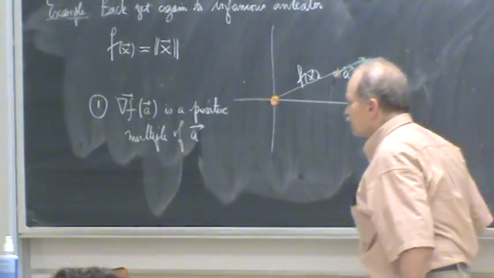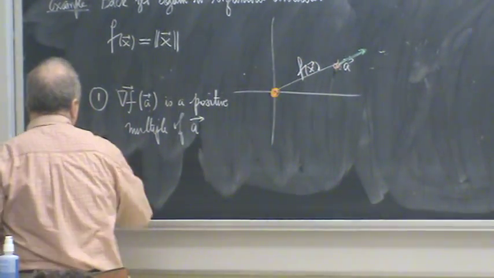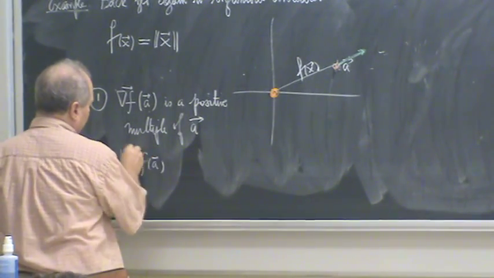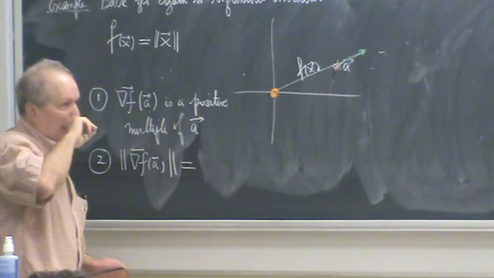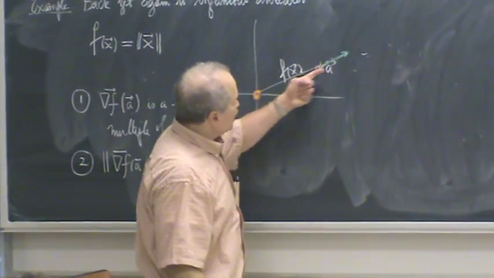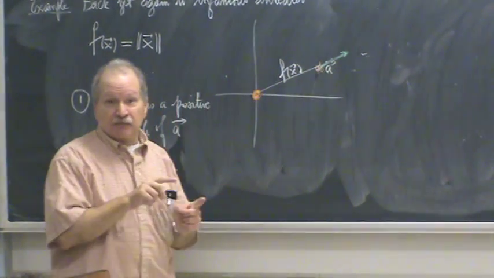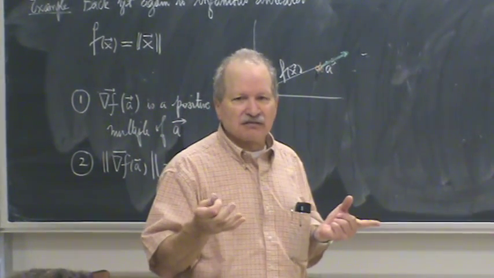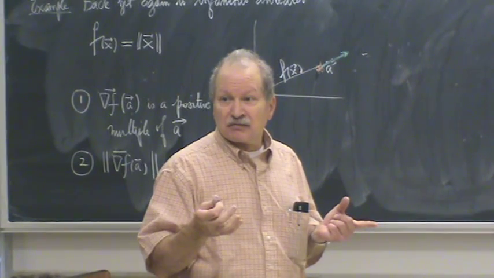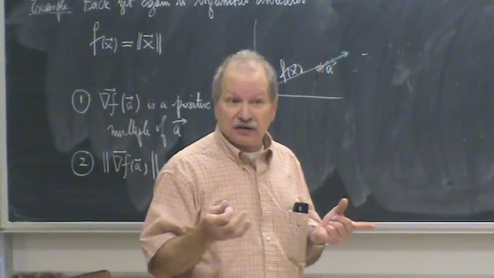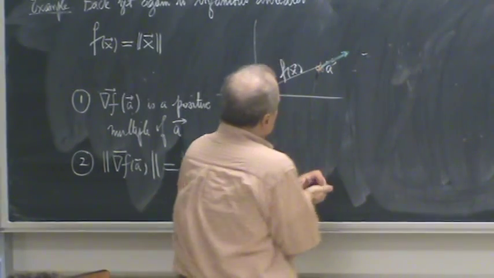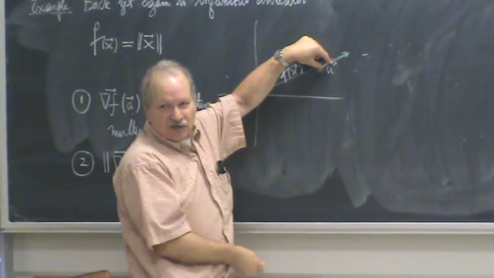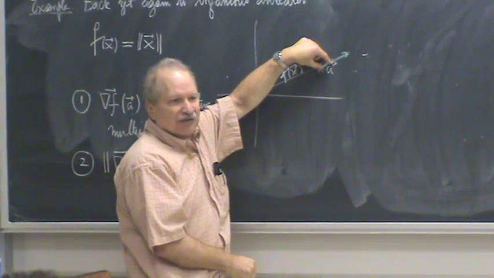On the other hand, what is the magnitude of the gradient? So if I move radially away from the anteater, at what rate is my distance from the anteater increasing? 1. Because for every step I take, I increase my distance from the origin by the step.